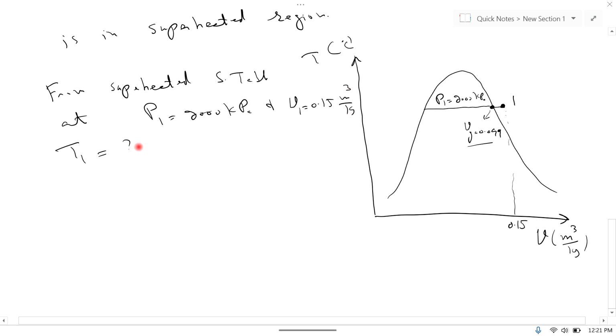So 0.15 is not available in the steam table, but 2000 kilopascal is available. So at P1 equal to 2000 kilopascal, we will do interpolation to find T1, in degree centigrade.